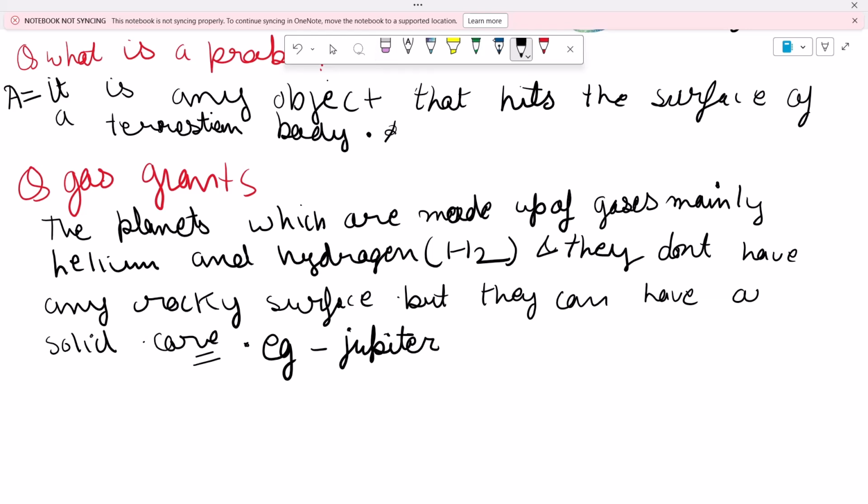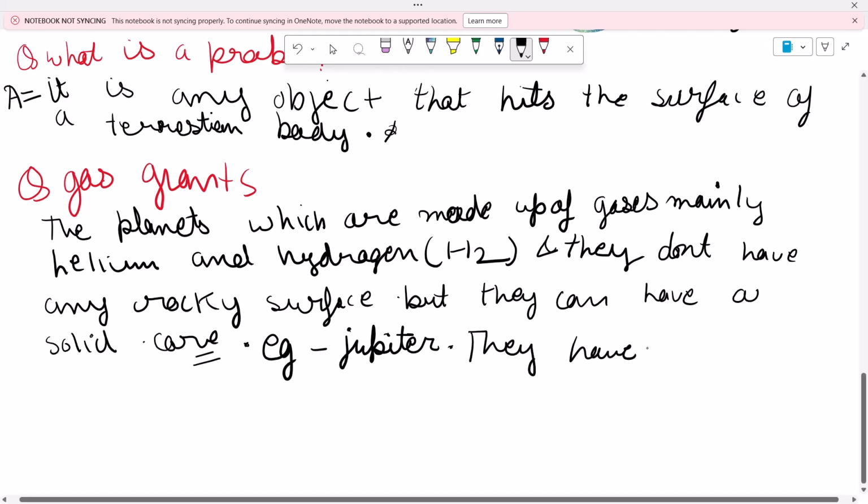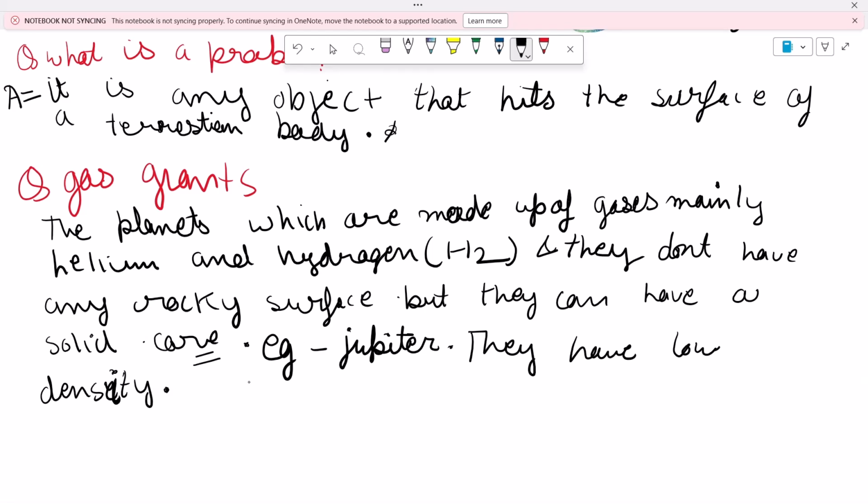And one more key characteristic of gas giant planets is that they have low density. And one more thing, for that I need to draw a diagram.